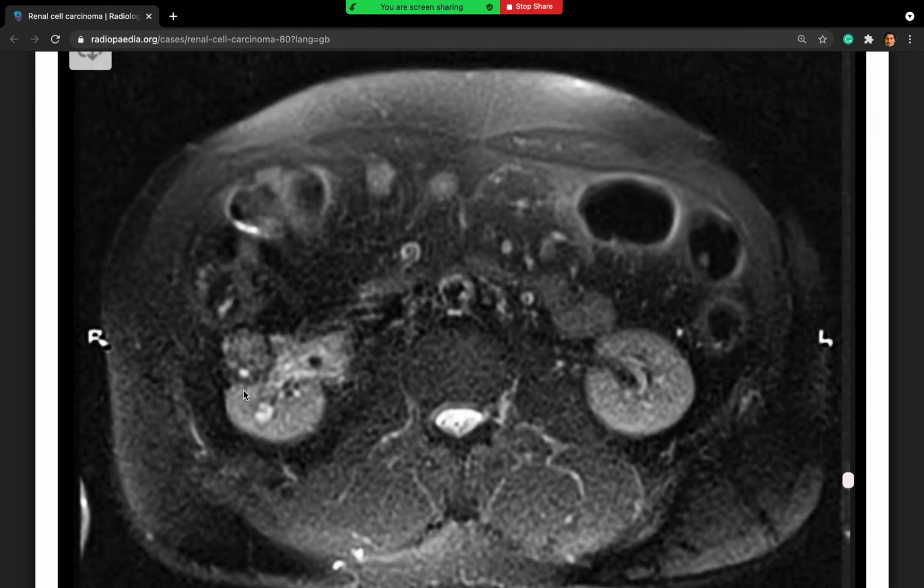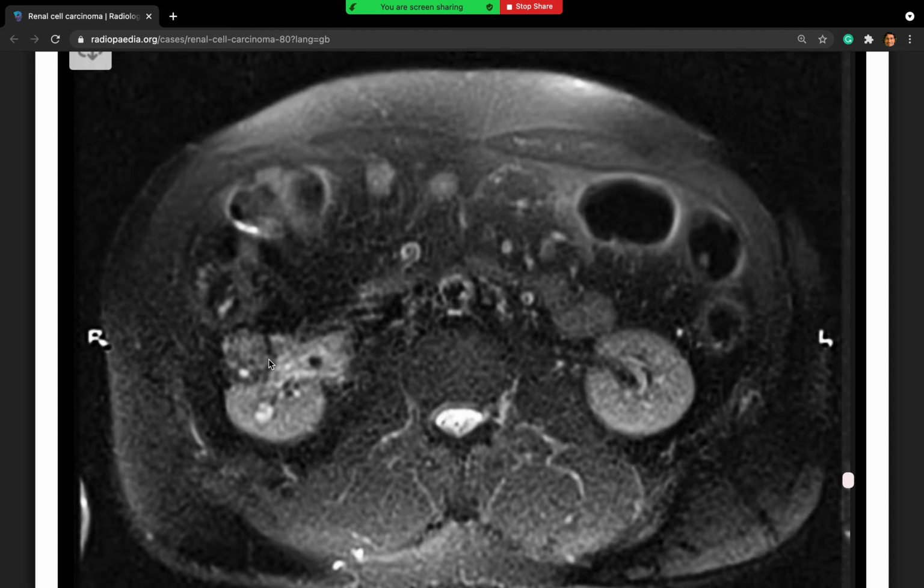And also I need to discuss with my radiologist for further clarification and information on the renal veins and renal arteries, and I also need a non-contrast CT chest for further staging.